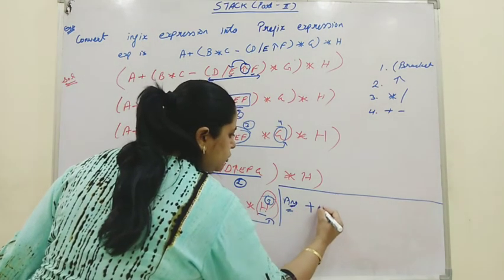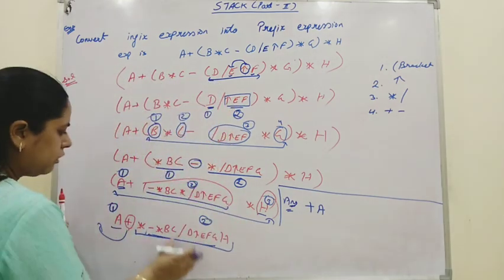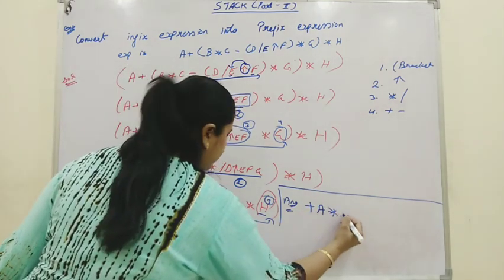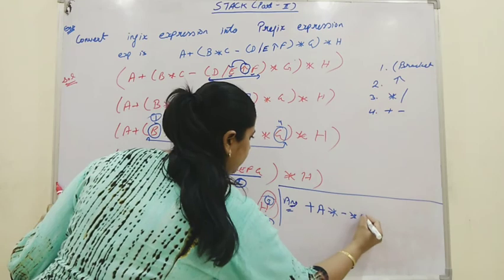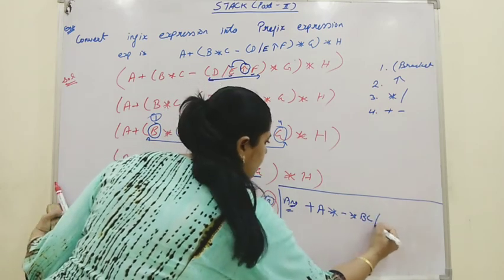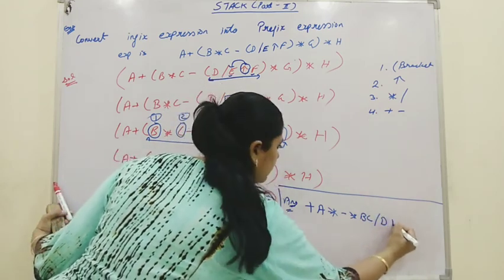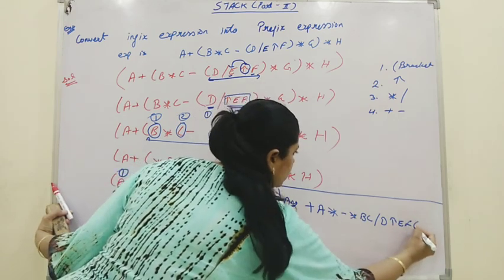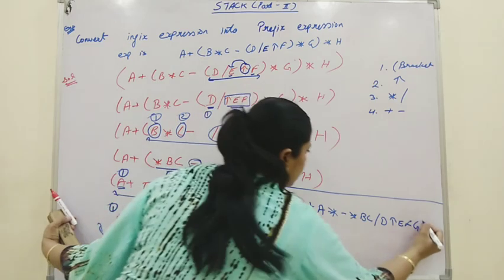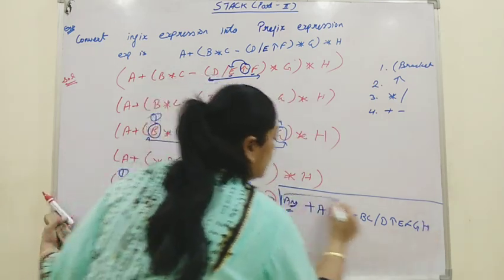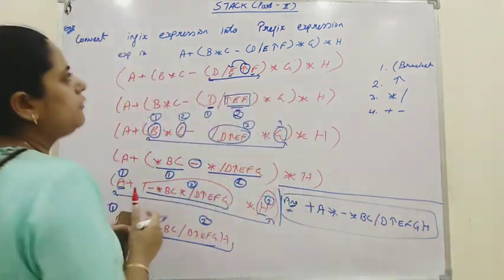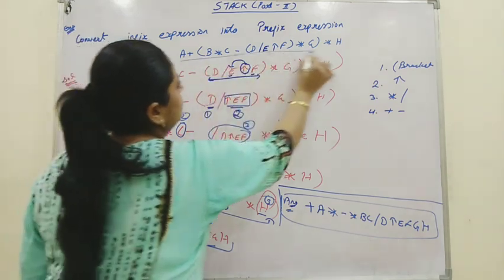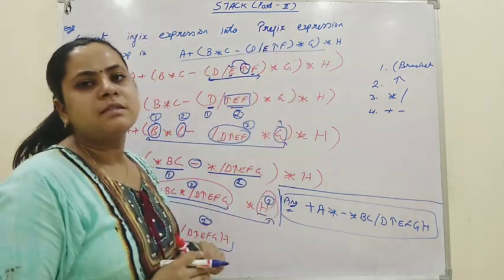So plus, first operand is A, and now we will copy second operand. Second operand is asterisk minus asterisk BC slash D exponent EFG H. This will be our final answer after converting infix expression into prefix expression.